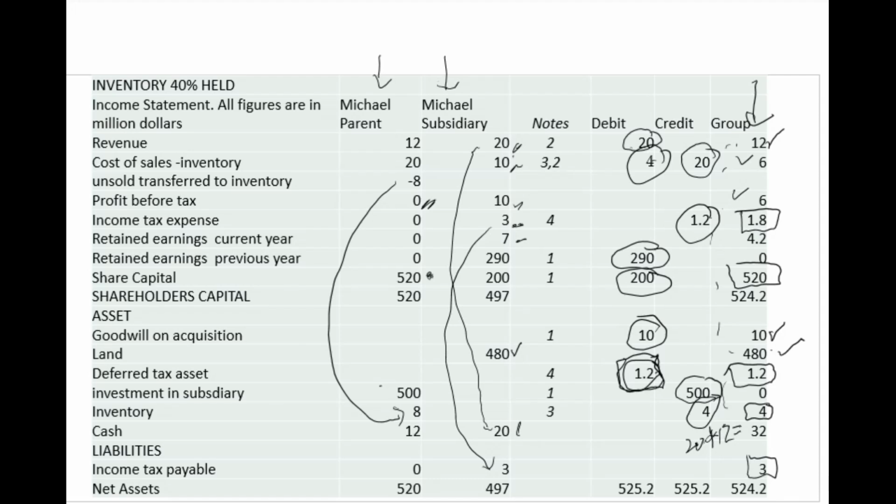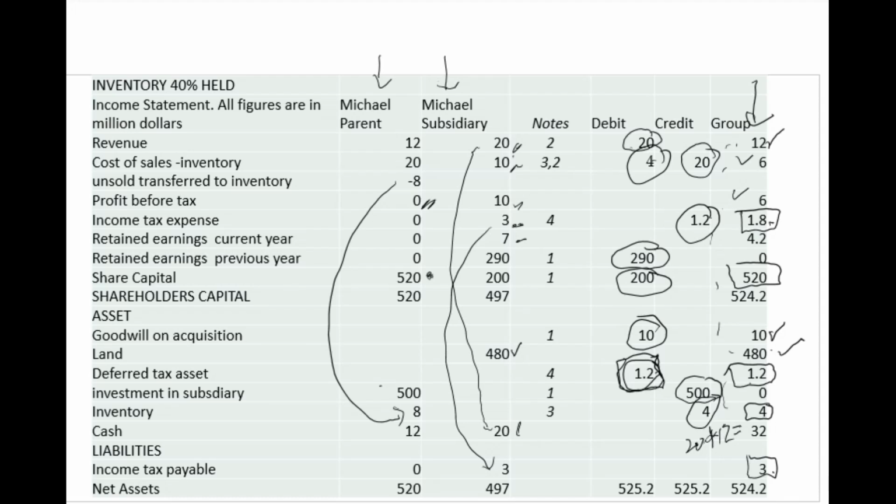So what we see is that the income tax payable credit is represented by income tax expense of 1.8 million and deferred tax asset of 1.2 million.